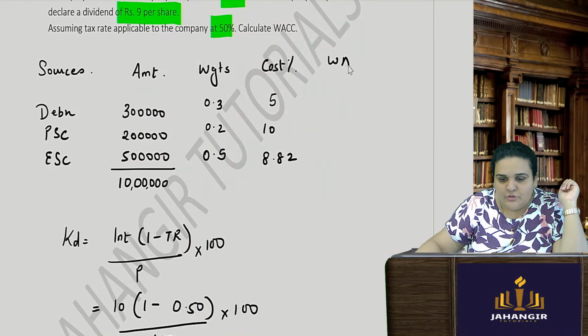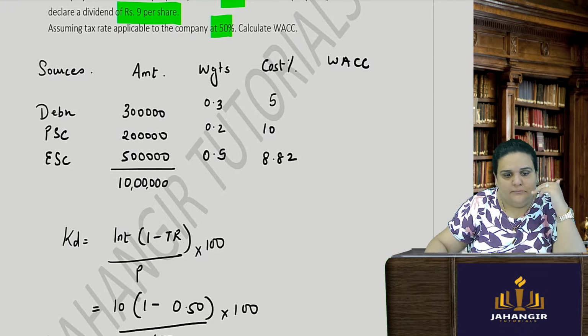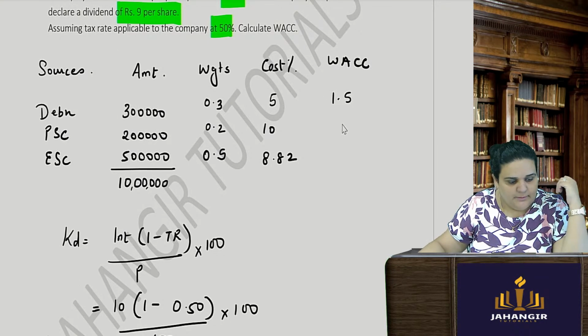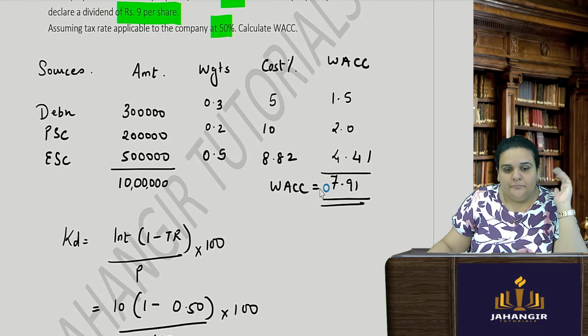So weighted average cost of capital, 5 into 0.3, 1.5. 1.5, this will be 2, and this will be 4.41. So 7.91 will be my weighted average cost of capital.